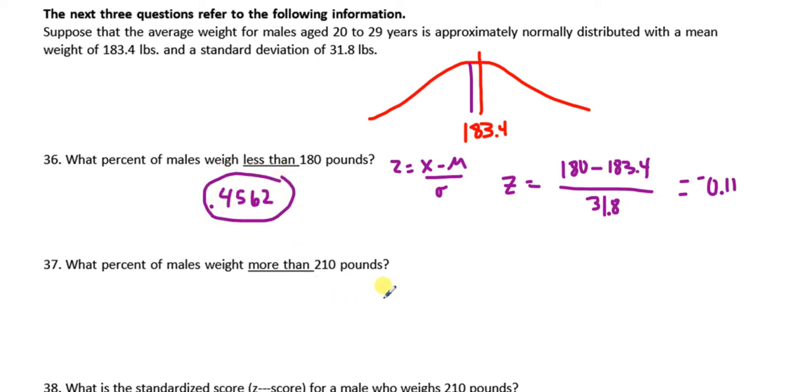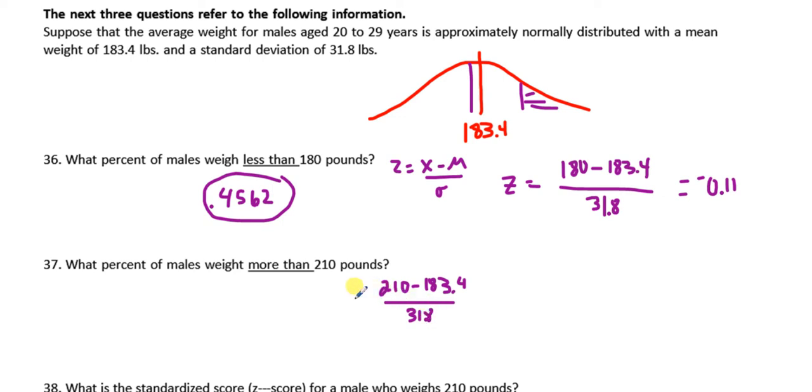More than 210, so we have to do the same thing again. 210 minus 183.4. Now this time we're going to be over in here, and we're going to go more. So it's going to be less than 50% again, because the Z table is going to give us a number that gives us less. 183.4 over 31.8.